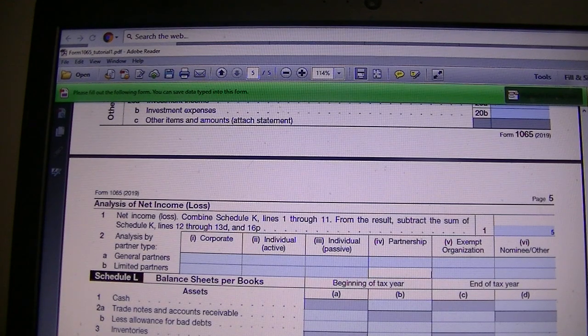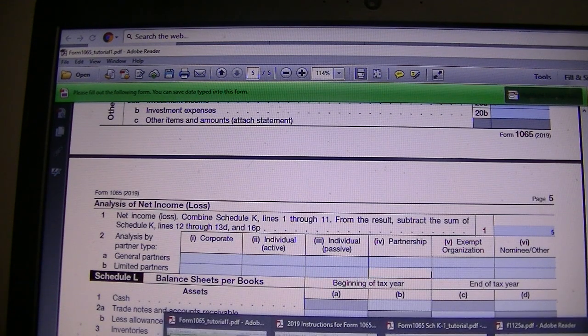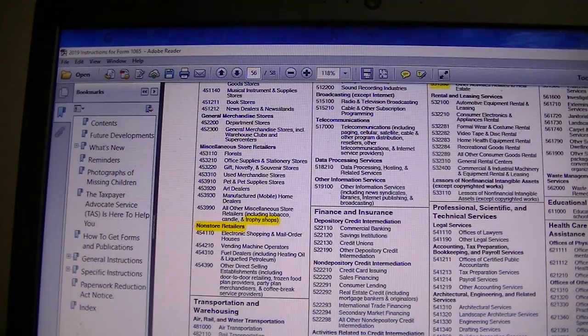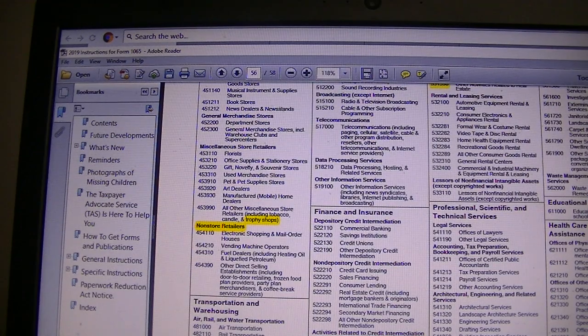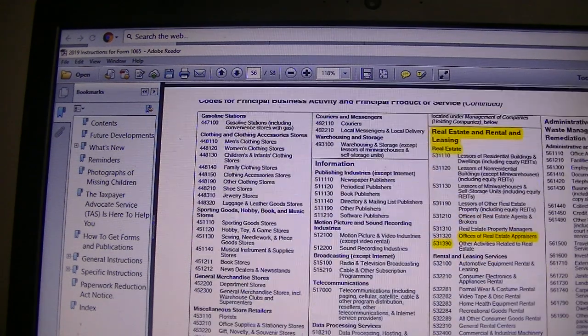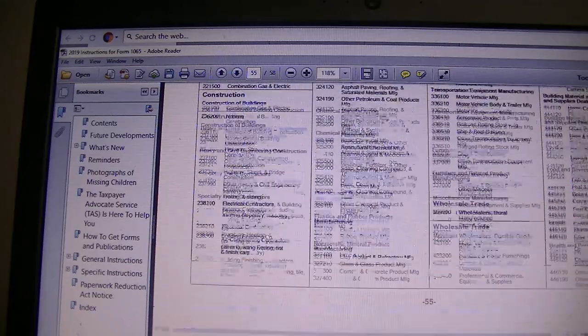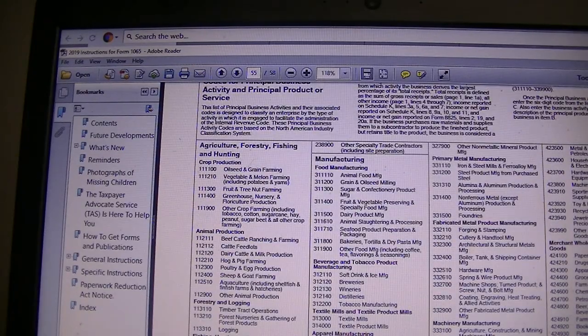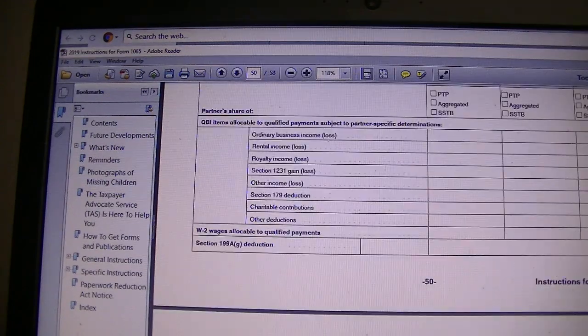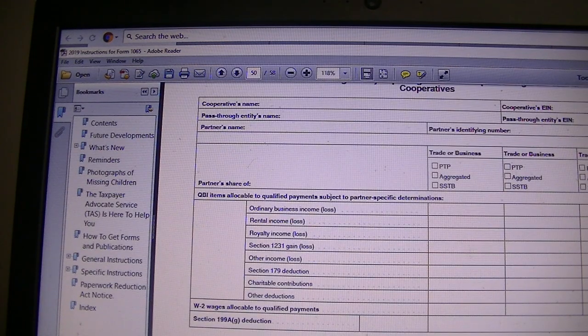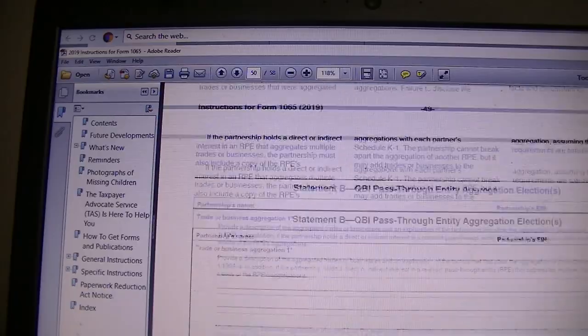So let's go look for, what is that? Analysis of net income. So let's go find where we should put the partners' profits. Let's see if we're able to find that. It is one that sometimes can be confusing the way IRS explains it.